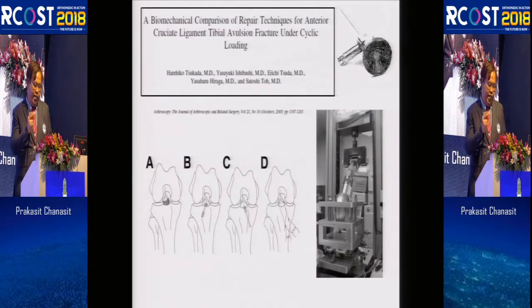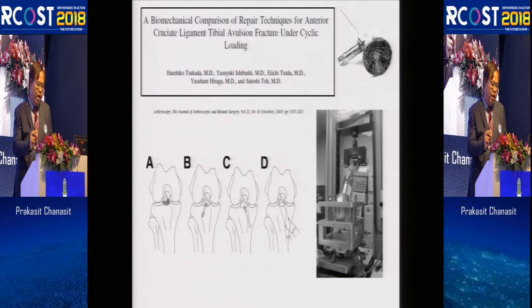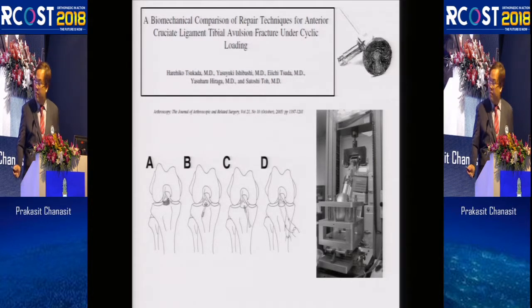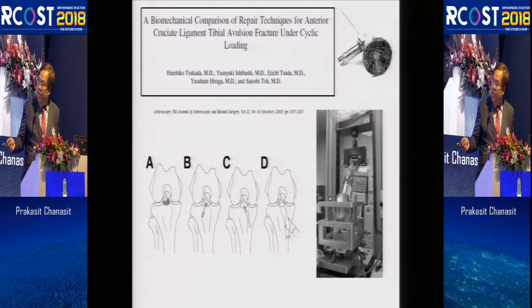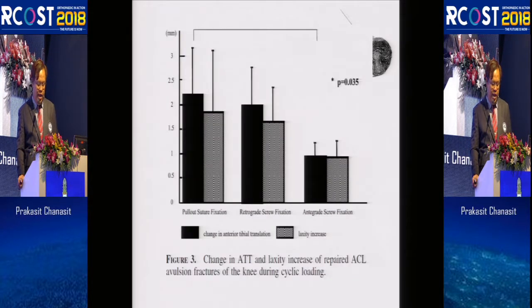But if we search more, this is another biomechanical comparison. This paper was conducted in Japan. They compare 4 types: non-operative, then intricate screw, retrograde suture, and the conventional suture pull-out technique.